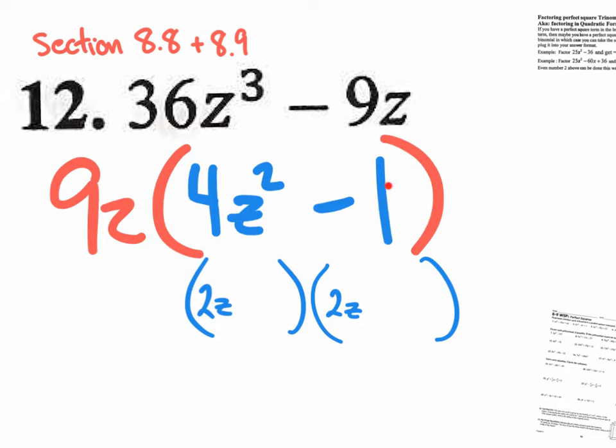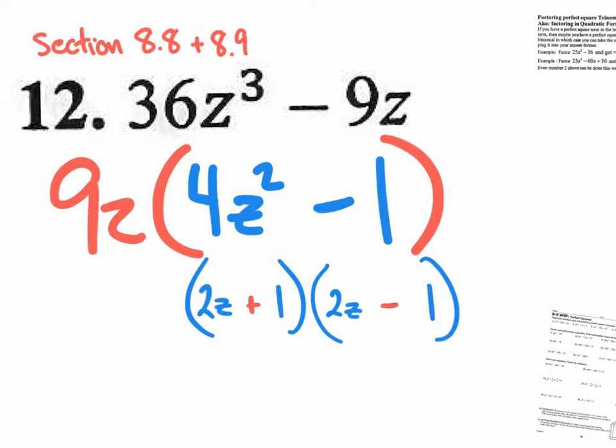What's the square root of 1? 1. So you put the 1 on the second part of both binomials. Now you need to determine the signs. And how do you determine the signs? You always look at your middle value, the b value. Now obviously, what's the b value here in blue? 0. It's not there. So you know you need them to cancel out. So one has to be positive, one has to be negative.